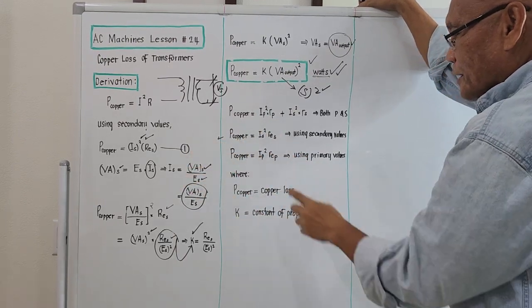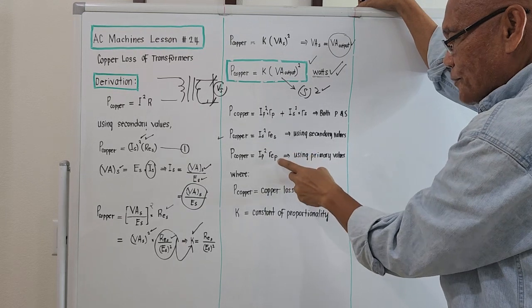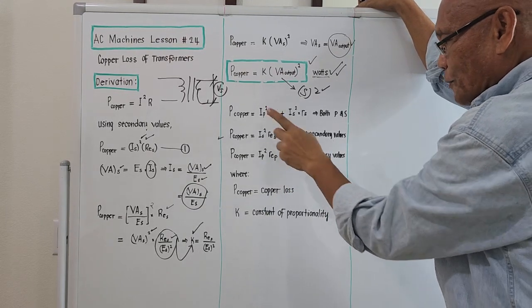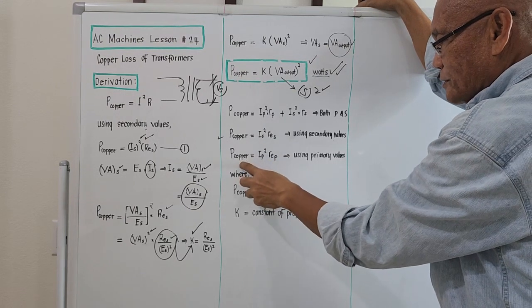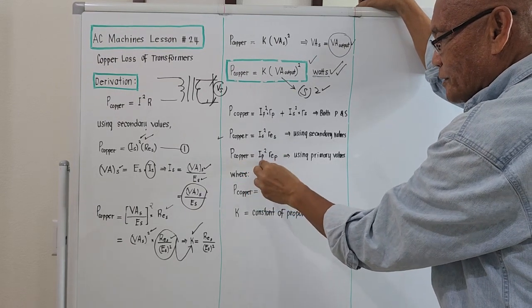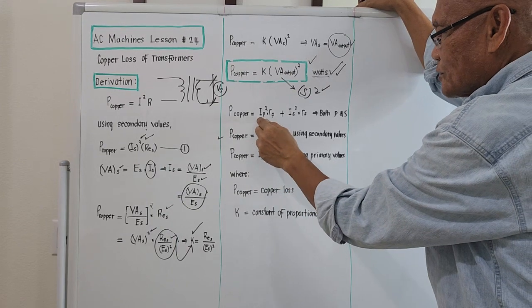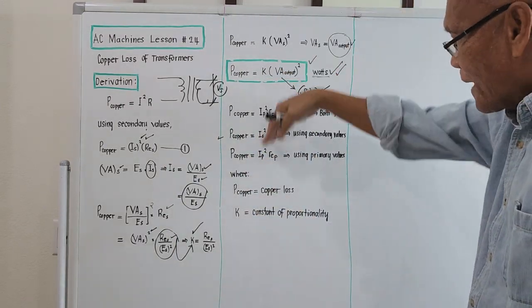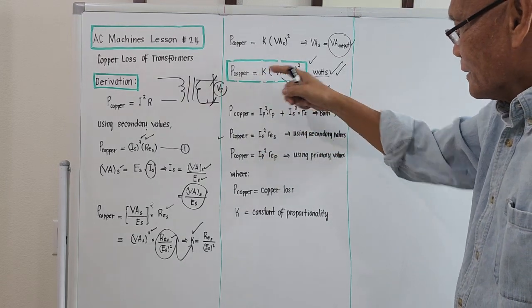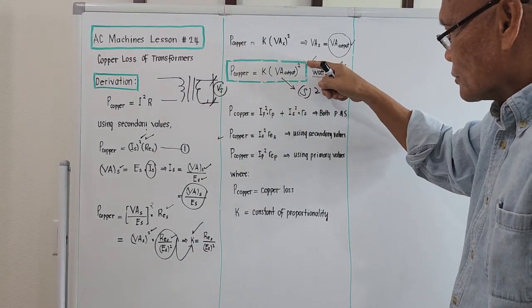Last one, if you know the equivalent resistance referred to the primary, you multiply that to the square of the primary current, that will still be the copper loss. But the one that was derived tonight is K times the volt ampere output quantity squared.